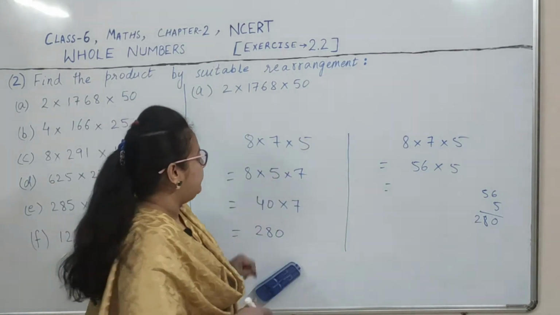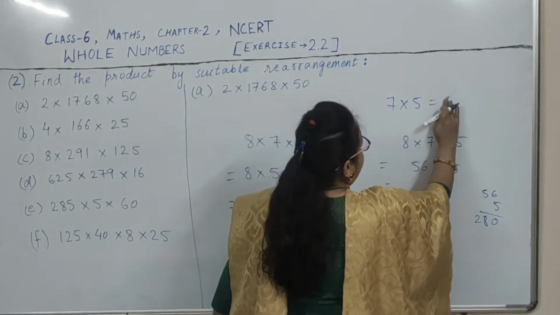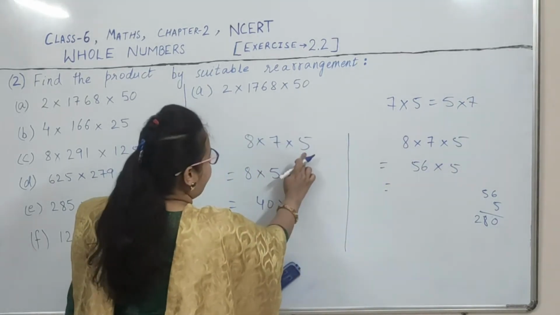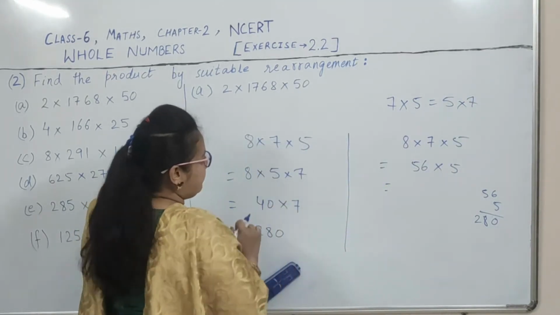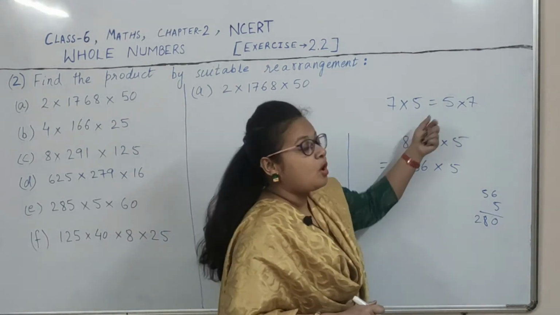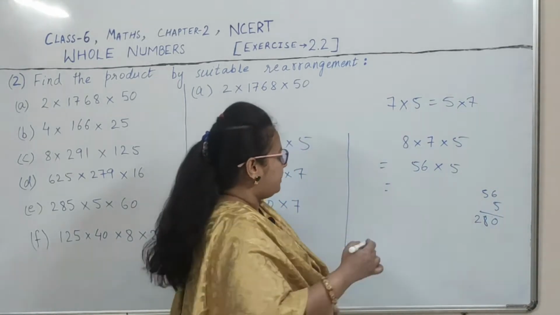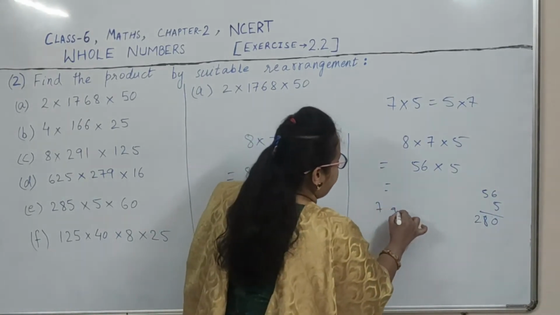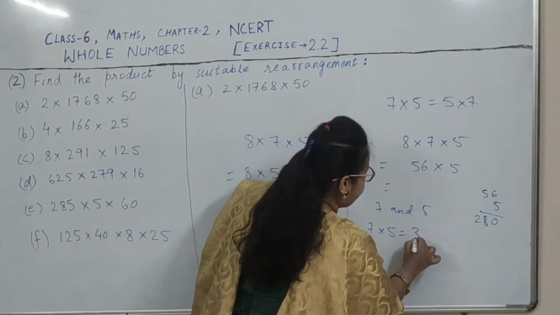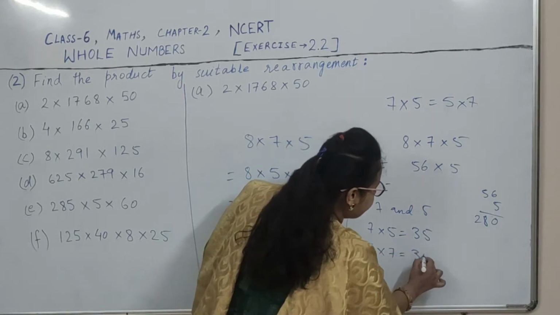See what we did. 7 into 5 is equal to 5 into 7. We wrote 7 into 5 as 5 into 7. It means 7 into 5 is equal to 5 into 7. This is known as the commutative property of multiplication. So if someone asks you to multiply 7 and 5, you can either multiply 7 and 5 and say it is 35, or multiply 5 into 7 and say it is 35.